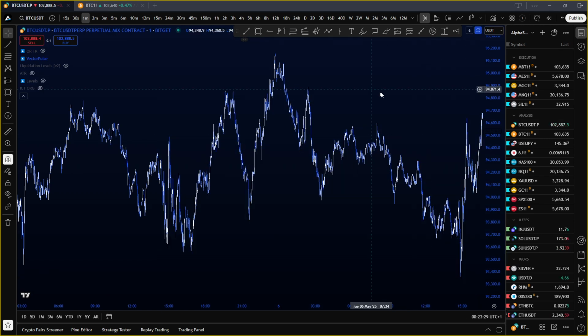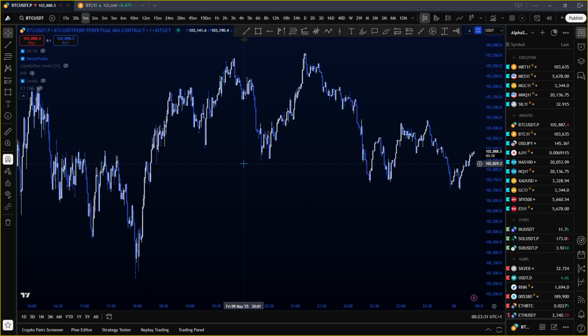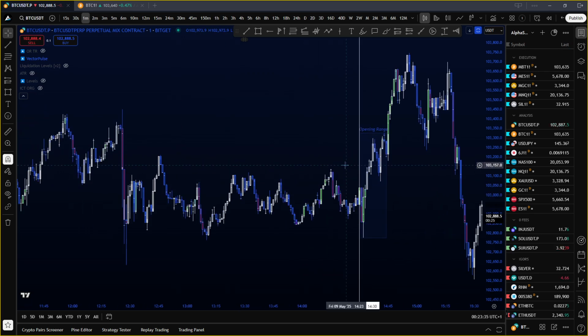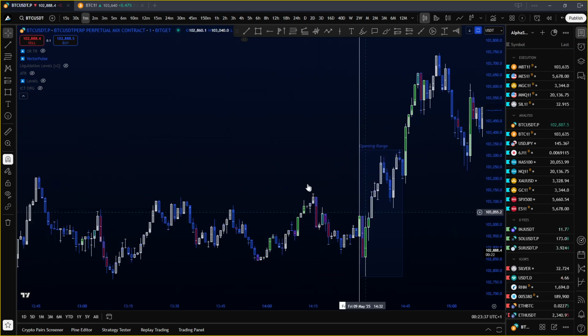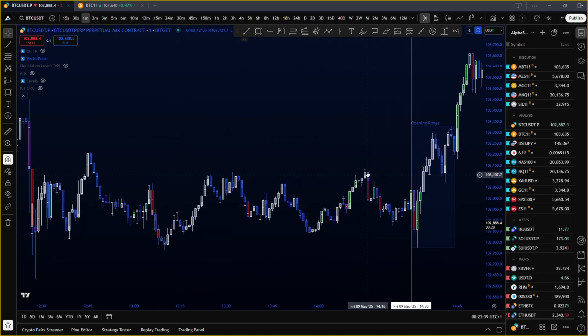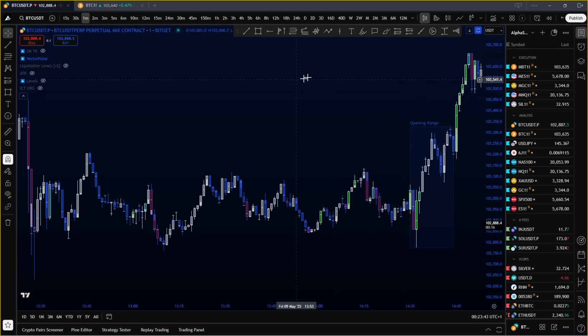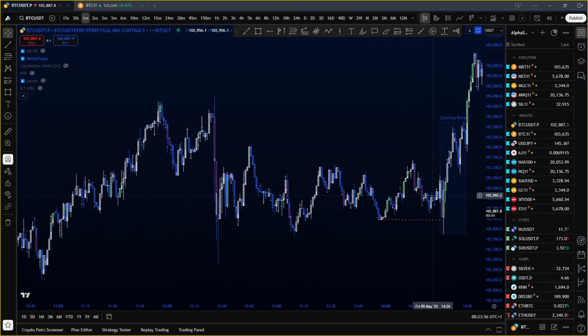So, for example, today, I can remove the line now. Today, we did take some internal liquidity, but there was no internal FVG. So we do not take the trade. And we look at other places.